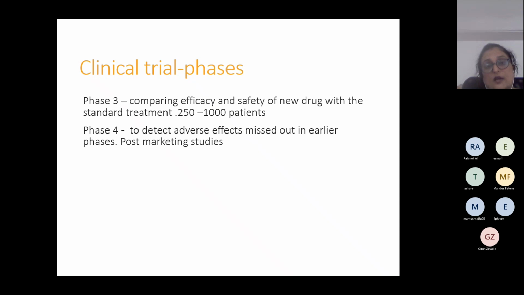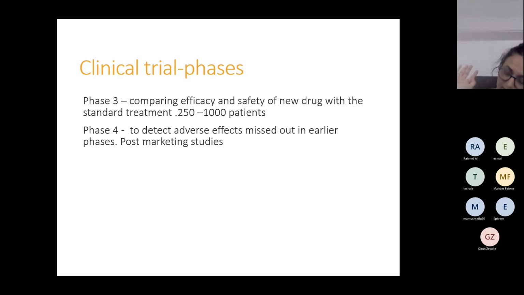Because in a phase 3 trial only, you compare a combination or one drug with the previous standard of care. So you're comparing the new molecule or the new combination with the drug or the combination which was previously being used, and after you compare and you find that the drug or the combination is good, only on that basis will it get its approval.